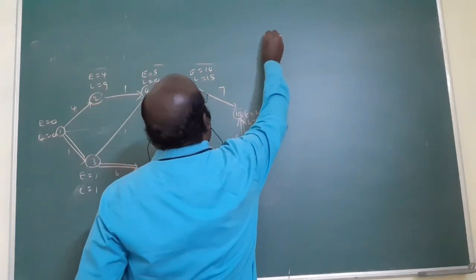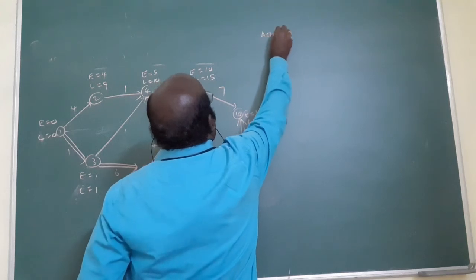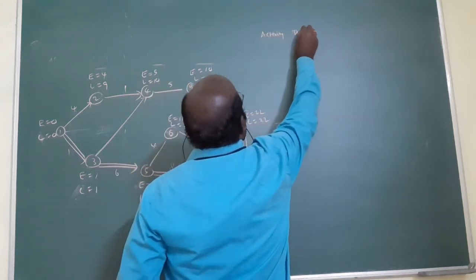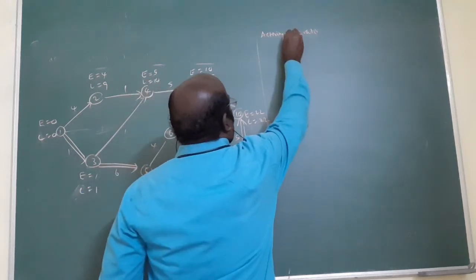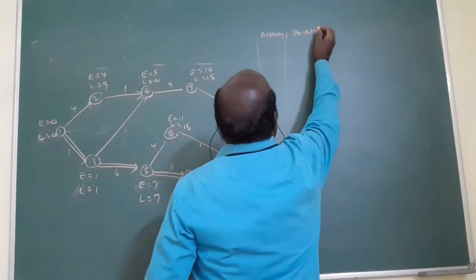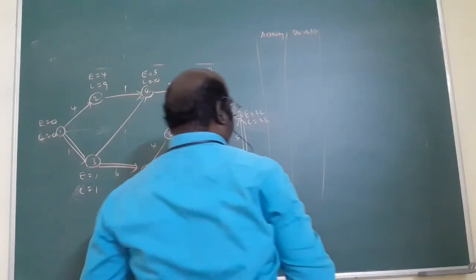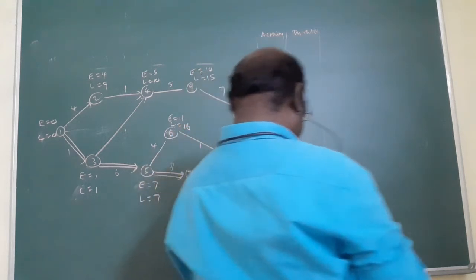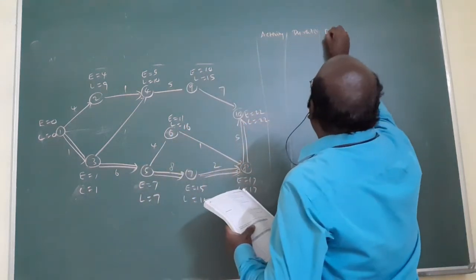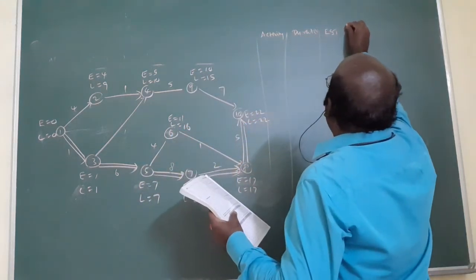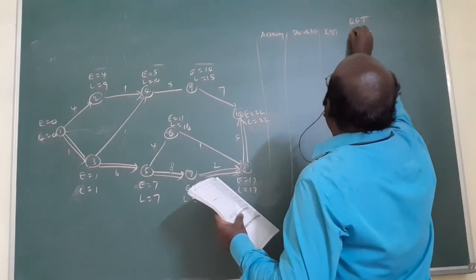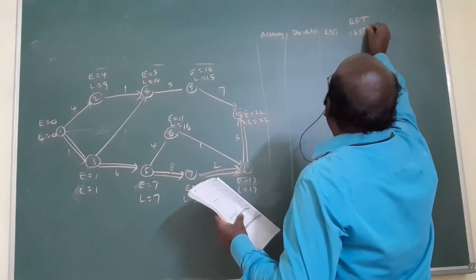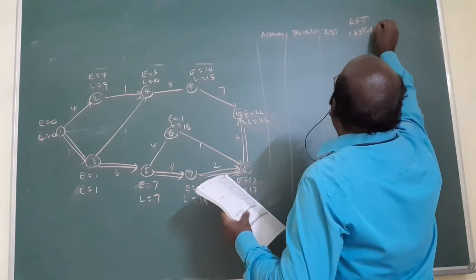Now what did I tell you? The columns are the activity, then duration. Next is what? The EST. Next is what? EFT, which is EST plus TIJ.